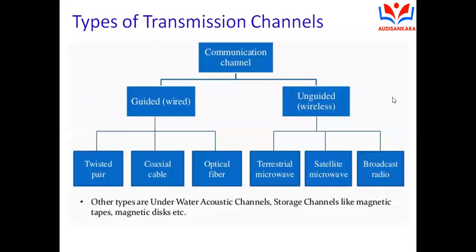Okay, so coming to the transmission channels, that is, the communication channel. The communication channel between the transmitter and the receiver may be categorized into two types. Already I told you, connection oriented and connectionless. Those channels are also called guided transmission media and unguided transmission media.